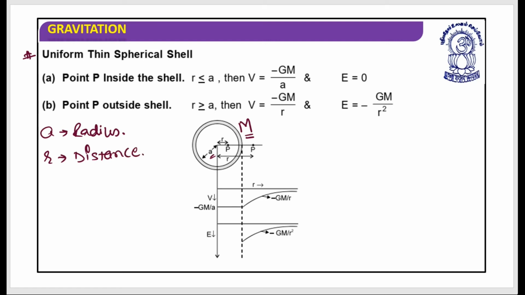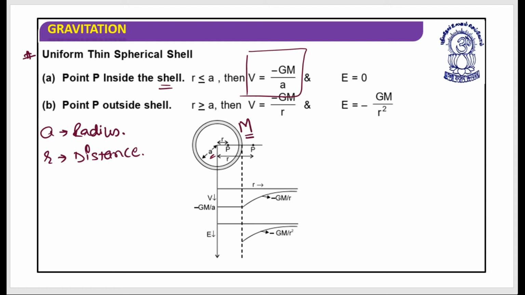So let's look at this. For a point P inside the shell, V can be written as minus GM by a, where a is the radius. Please do remember this. When you are dealing with a thin spherical shell, your potential is equal to minus GM by a, whatever the distance inside the spherical shell.